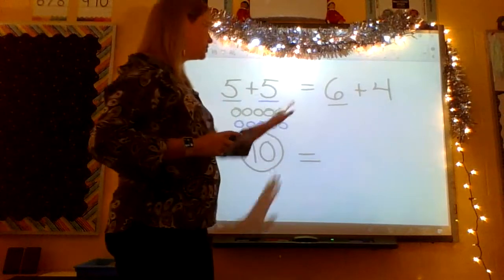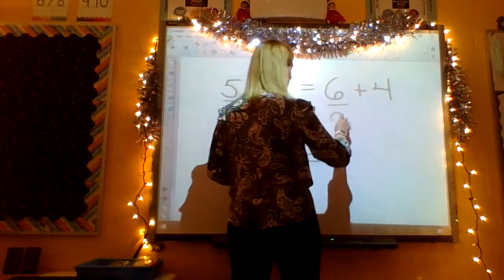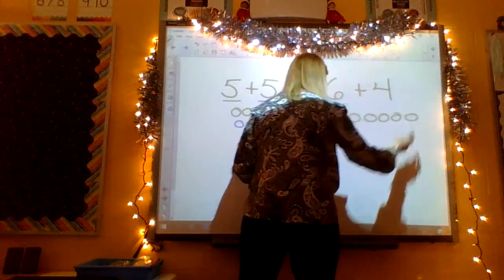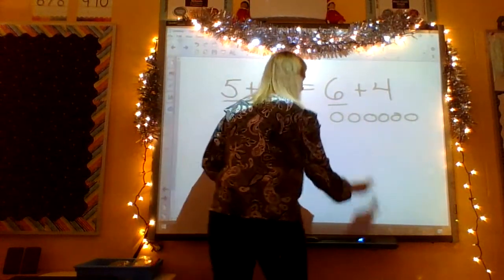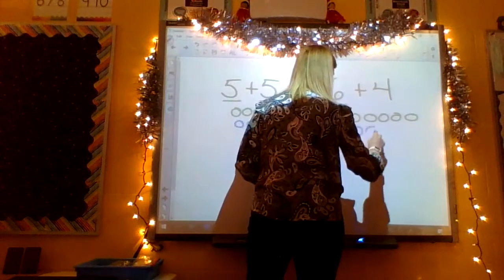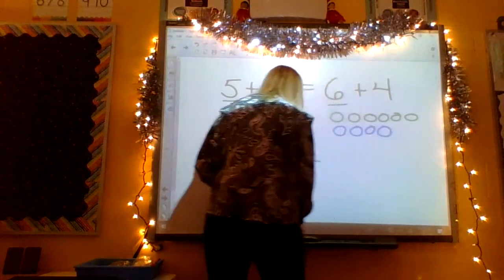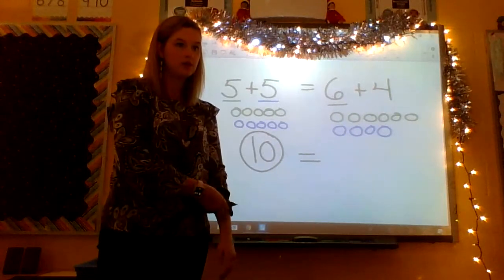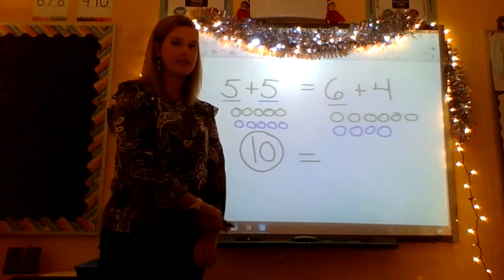Now, let's solve this one. So I'm going to draw 6 circles. 1, 2, 3, 4, 5, 6. And then I'm going to draw 1, 2, 3, 4. Who can tell me what is 6 plus 4 equal? Darren is raising his hand.